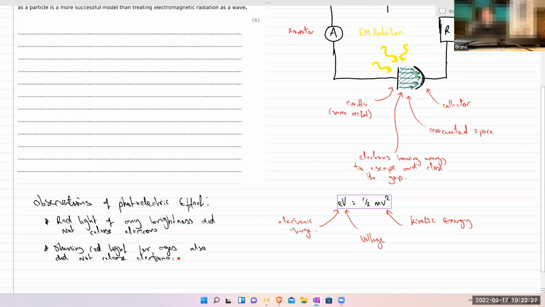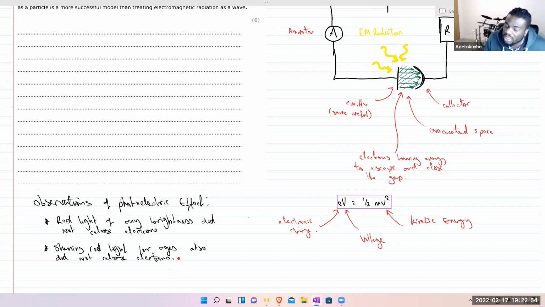I think that means maybe the energy of the wave is not big enough to charge the electron so that it moves fast enough. That is true, but that's actually to do with the first point. The second point is more to do with the nature of how energy is transferred.